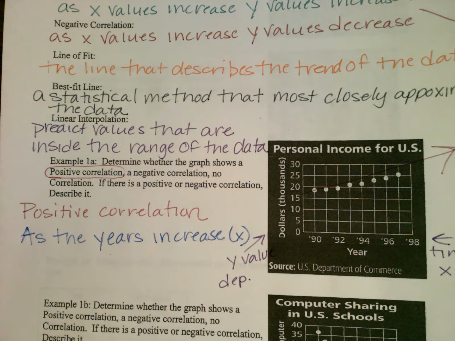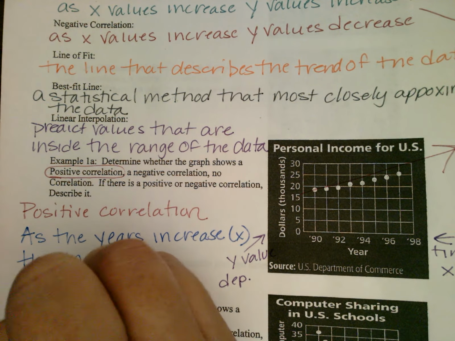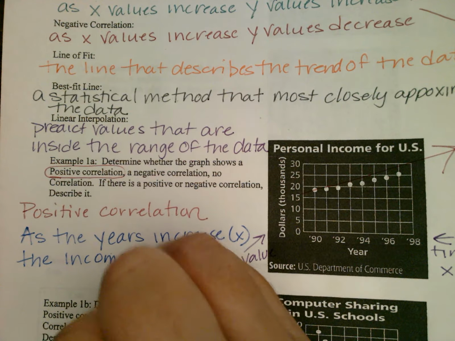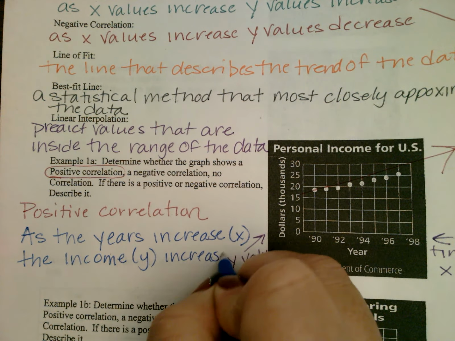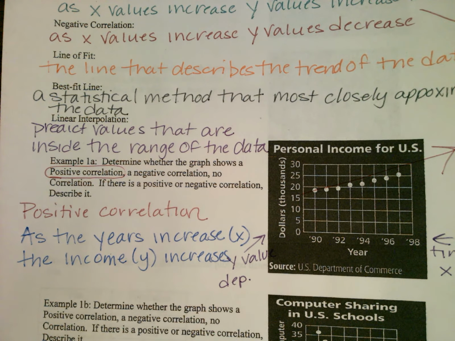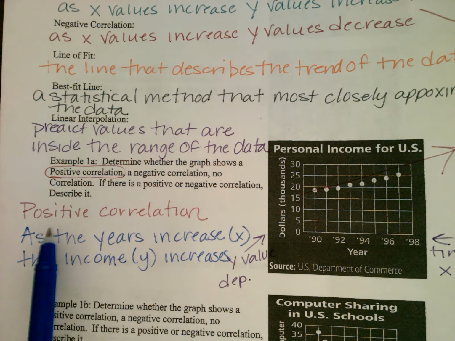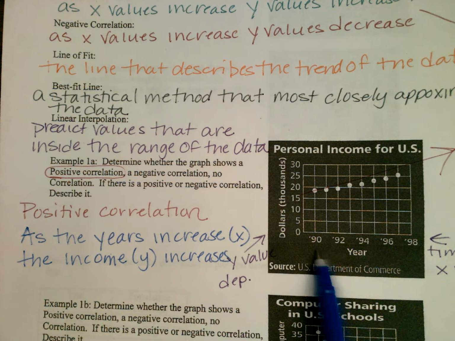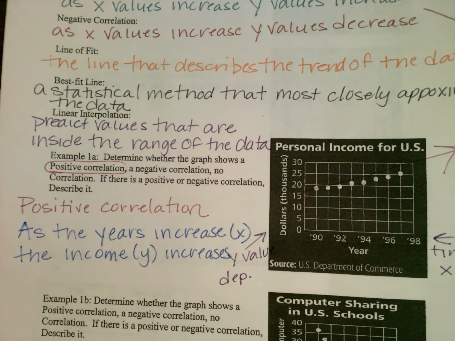X's are years. The income, that's the y, increases. So do not just say as x increases, y increases. We have labels on our graph. As the years increase, the x's, the y's increase.